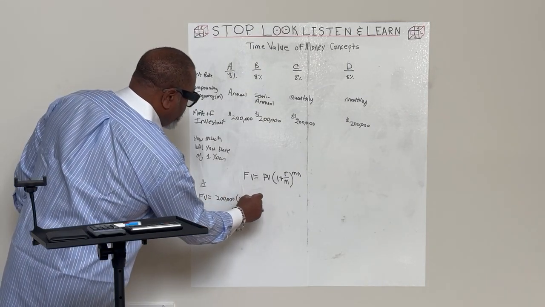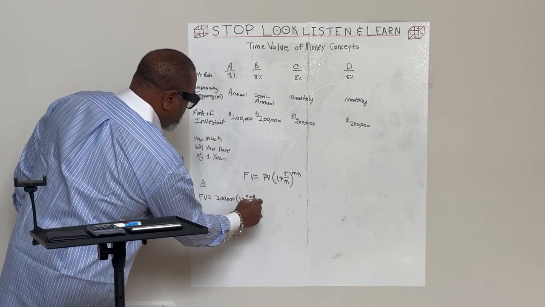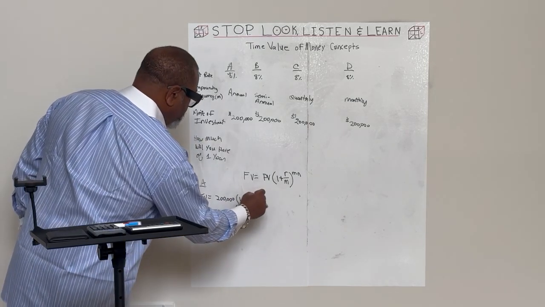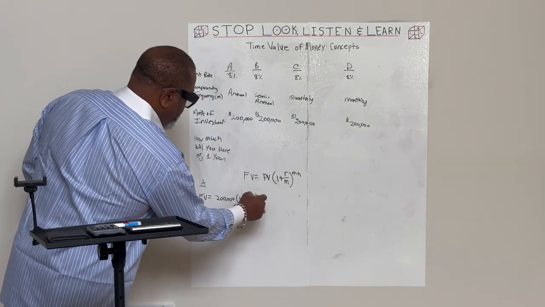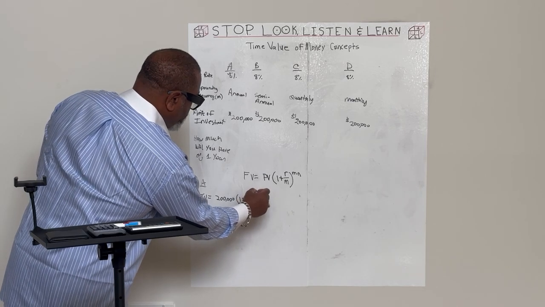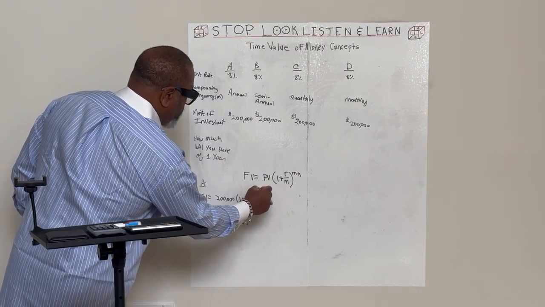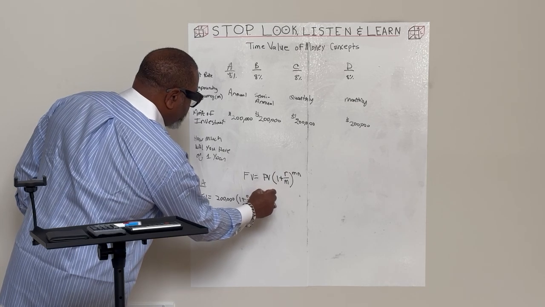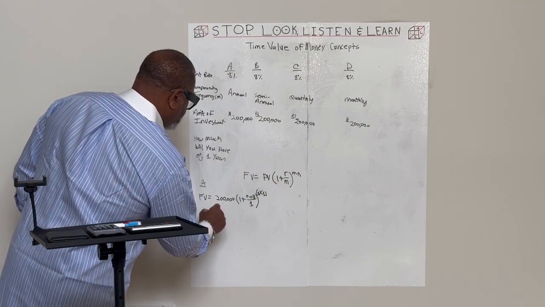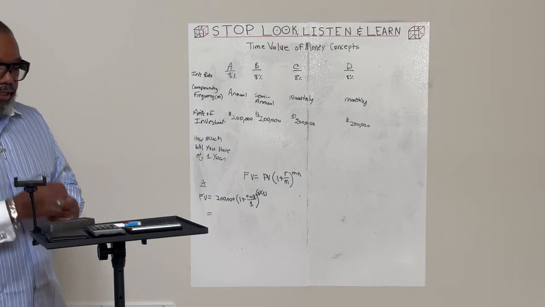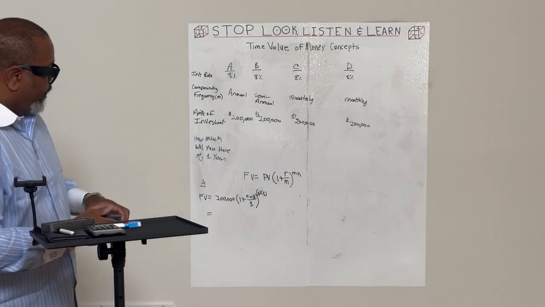And it's going to be compounded 1 time per year. That's the annual compounding. And M is going to be 1, and then it's going to be invested for 1 year. And so let's figure out what that amount turns out to be, getting out your calculator.